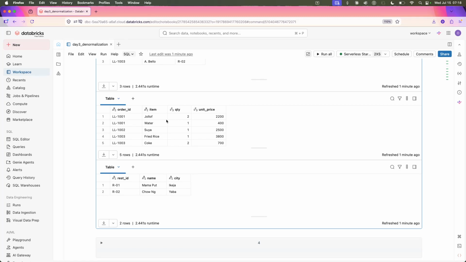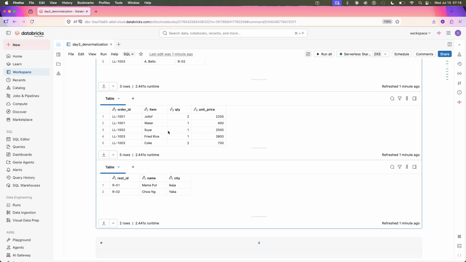Because if we have a column for spicy jollof rice, maybe jollof rice is spicy or something, or chicken suya or something. If we have a column for that, that only depends on jollof, right? Maybe spicy only depends on jollof and not on the particular kind of order.